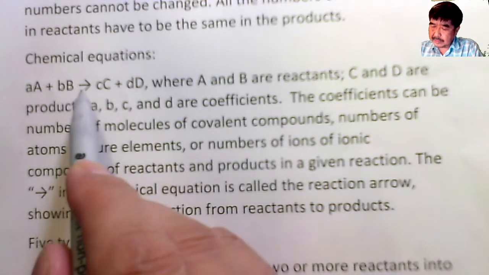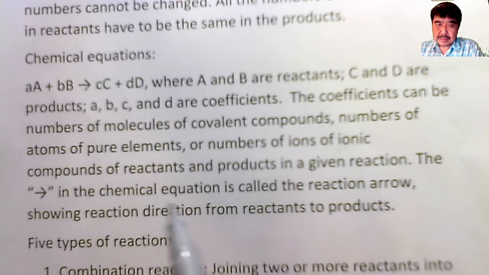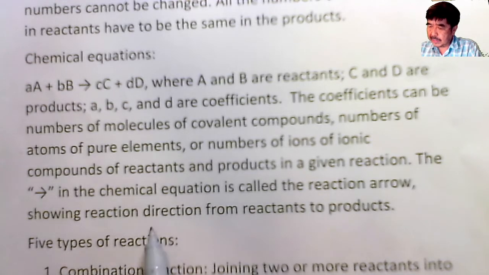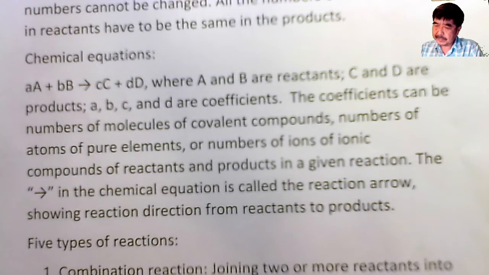The arrow in this equation is called the reaction arrow, showing the reaction direction from reactants to products.